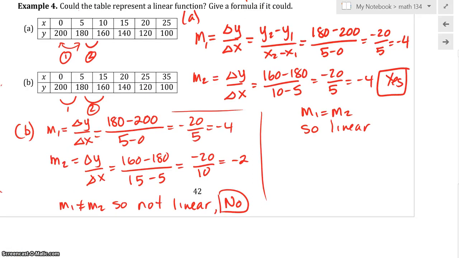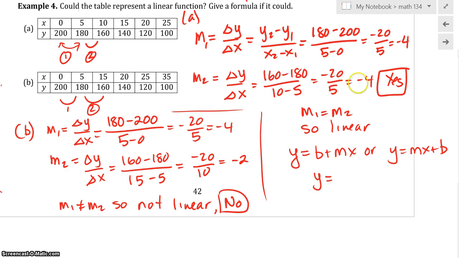I realized I forgot one step for part A. Part B, I don't know the formula, but if it is linear for part A, I could have figured out what the formula was, right? I could have used y equals mx plus b or b plus mx, whatever one you feel more comfortable with.